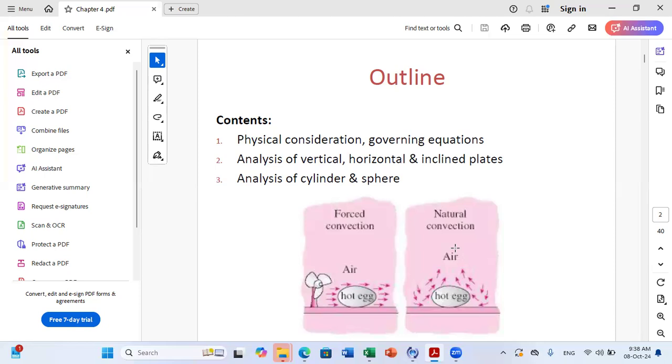Okay, so we say that here convection is driven by forced motion of the fluid, while here convection is driven by buoyancy effects because, due to the difference in temperature and density difference, this will create motion of the fluid.